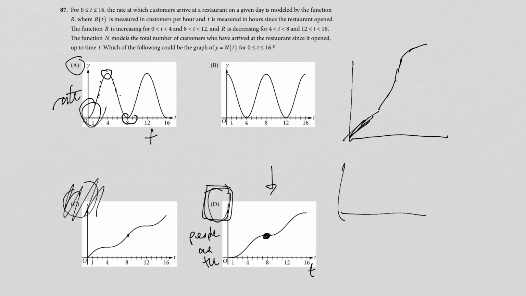So they're coming slowly because it's close to 0, and the rate gets faster and faster, and then slower and slower, and then flat for 1 second there. Unusual question.